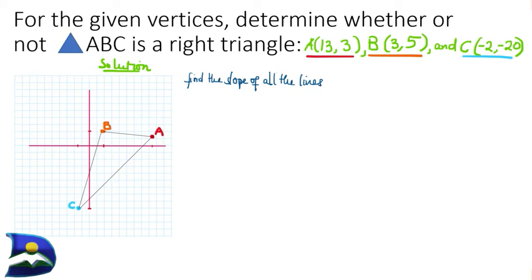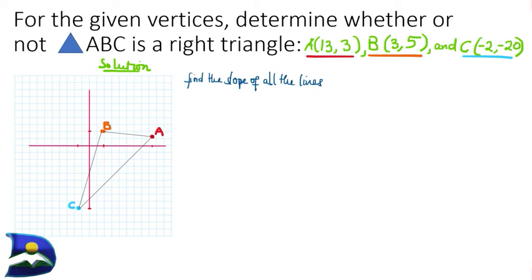A right triangle has 90 degrees between two lines. So if we find that the slope of one line is the negative reciprocal of the other, that is proof that the whole triangle is a right triangle.